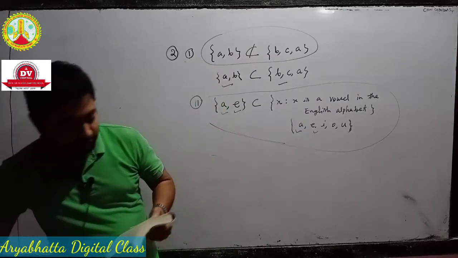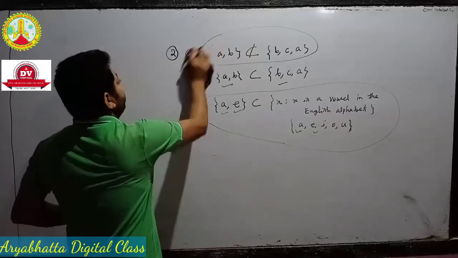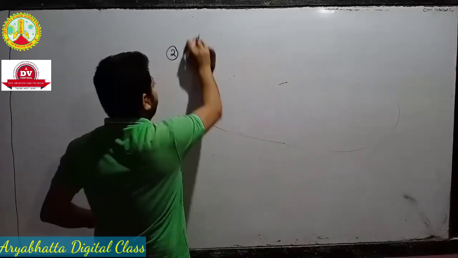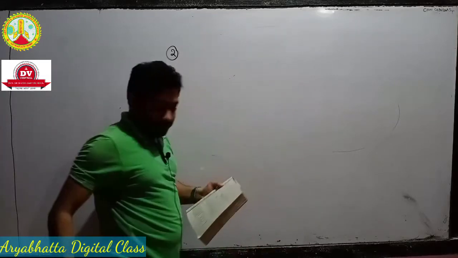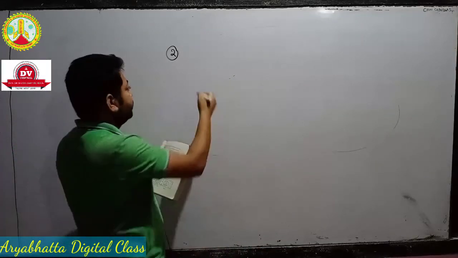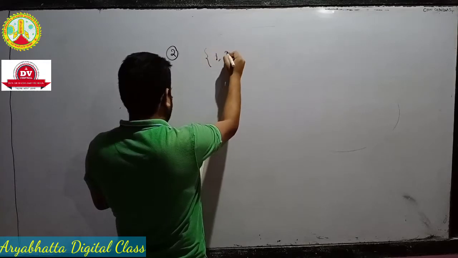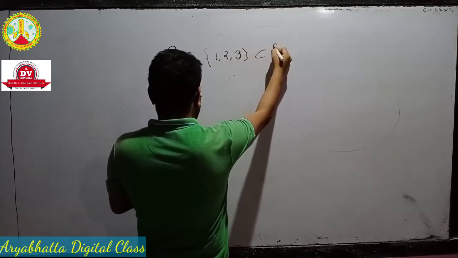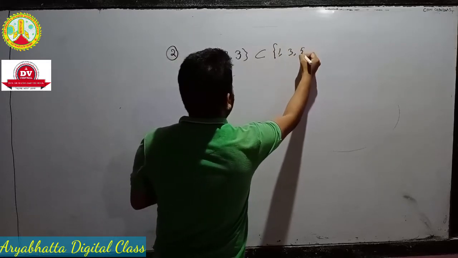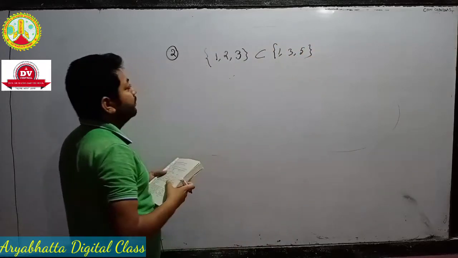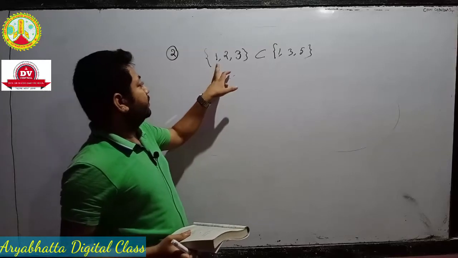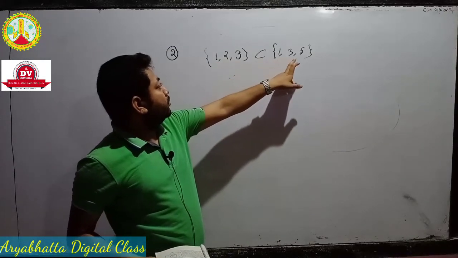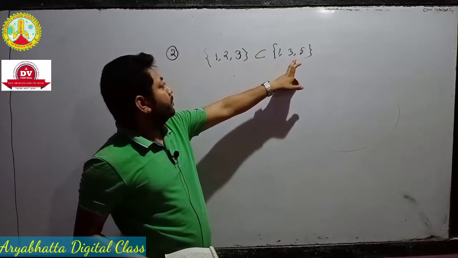Next, Roman number 3. The first set is 1, 2, 3 and the second set is 1, 3, 5.